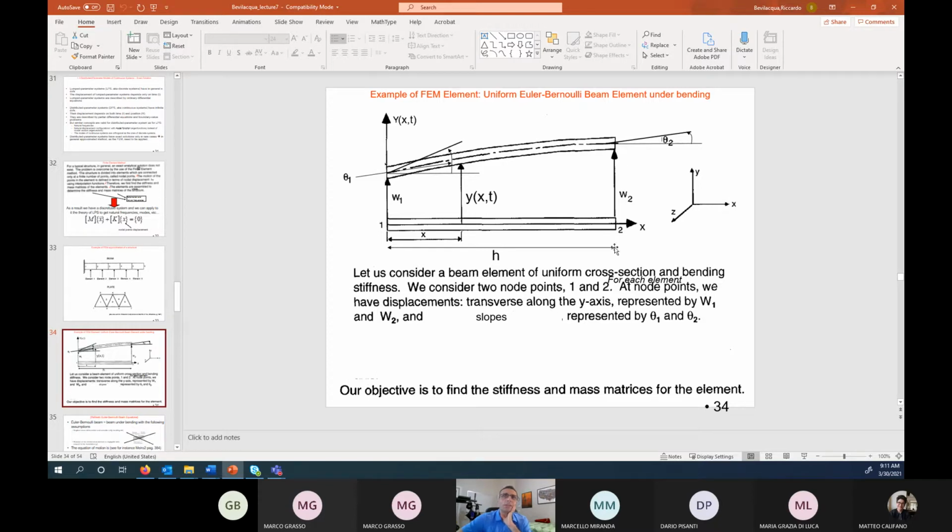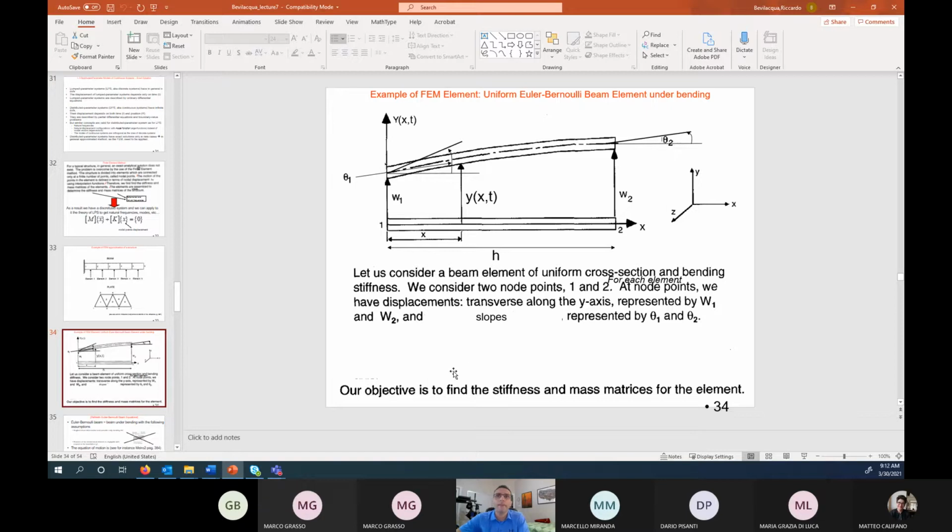By slope, I basically mean dy/dx, the slope of the midline at those locations. And so for each of these elements, I actually have four variables: w1, theta 1, w2, theta 2. That's all I'm allowing here.